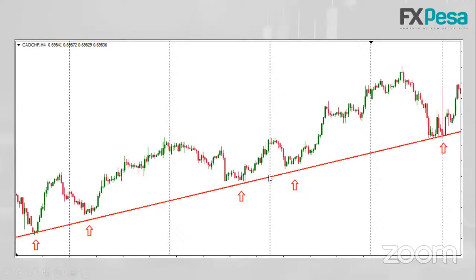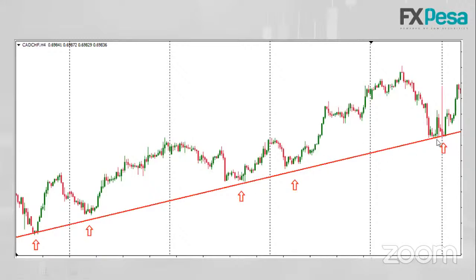Ideally, by adding this line, you'd be using it as a point of reference as price continues to rise and fall. The essence is to wait for the price to drop towards that area that you've marked, and depending on the reaction, that would guide you to know whether you'd buy or sell.